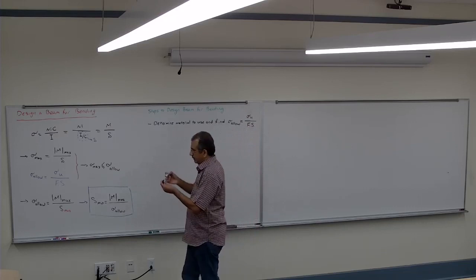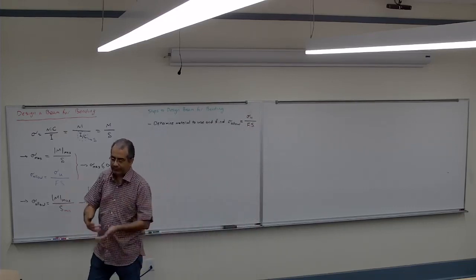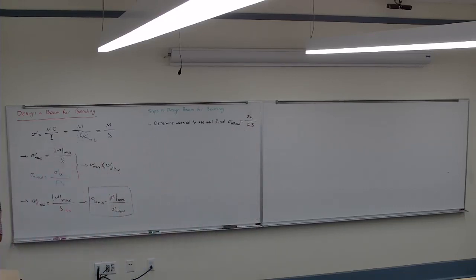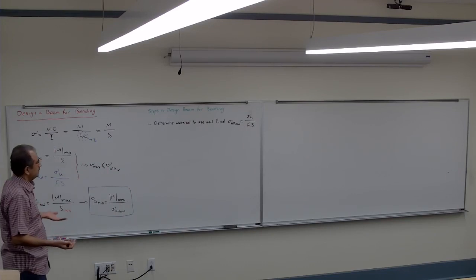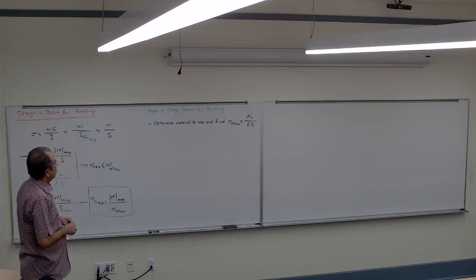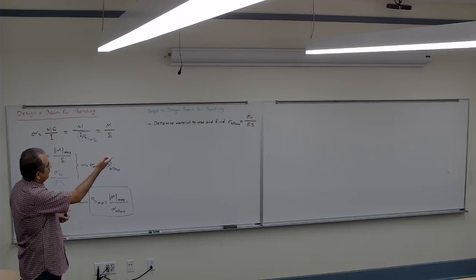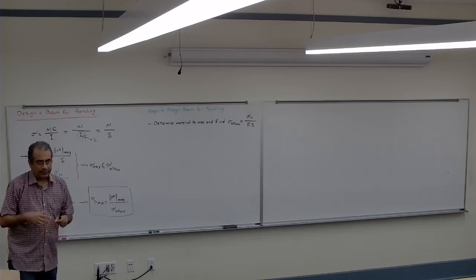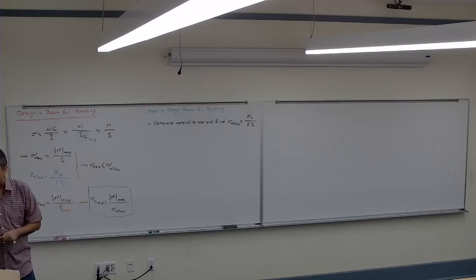Basically we say, this is the material we have, and this is the factor of safety we want to use for that specific material or project. And so we find the sigma allowable. That's the very first thing that we want to find.